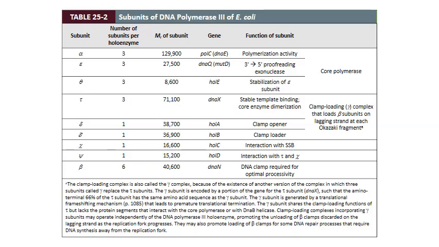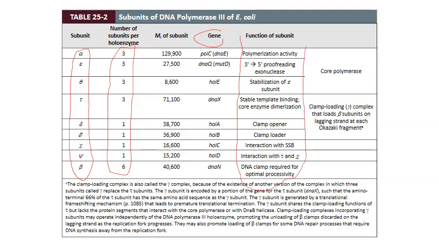So if we look at each one of the subunits, we can see the different subunits here, the number of subunits per the entire enzyme, the gene, and the function of that subunit.